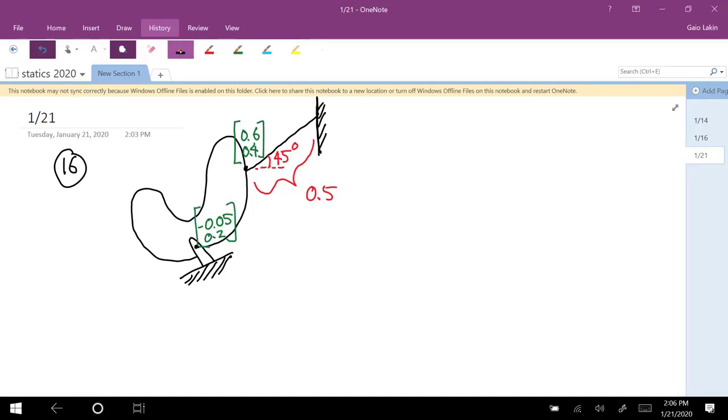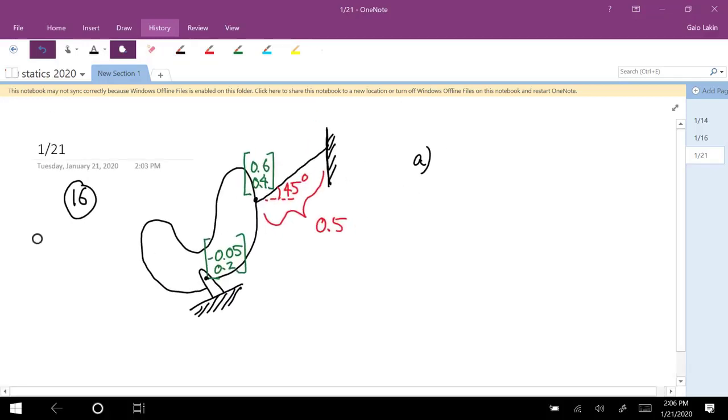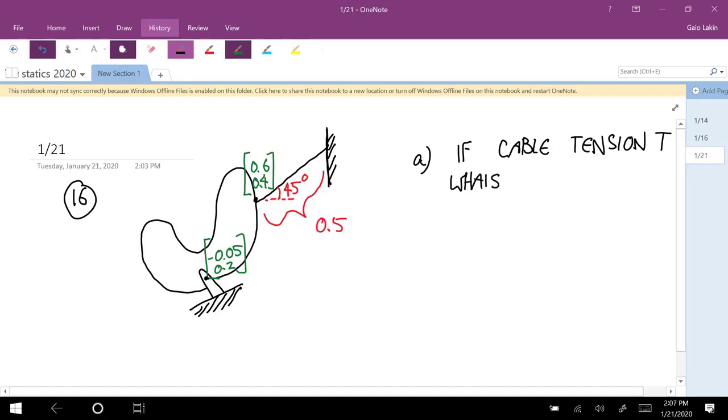And the first question is, if the tension in the cable is T, what's the force vector that's applied to that body by the cable?